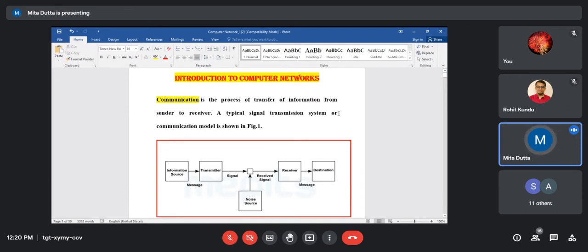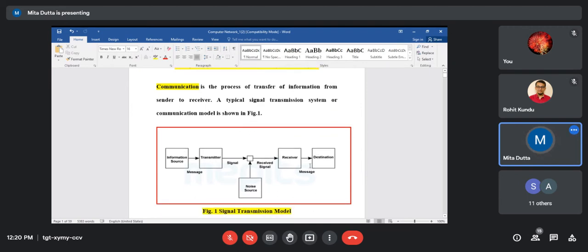By communication, we mean sending information from the sending side to the receiving end side. To do that, we have to use this model. This is a communication model or signal transmission model.